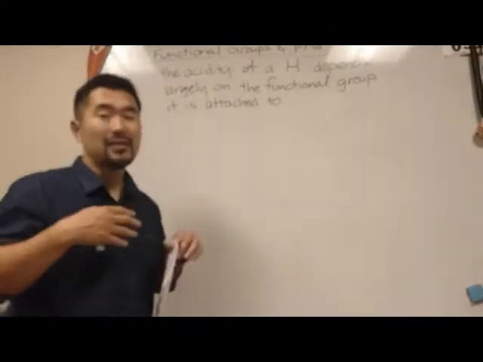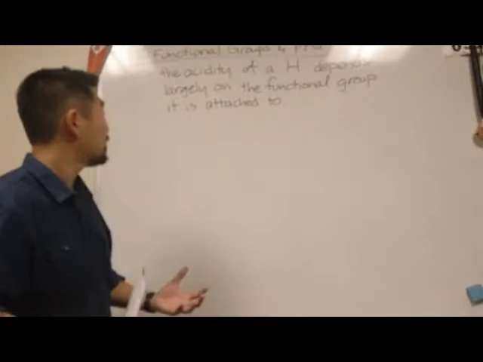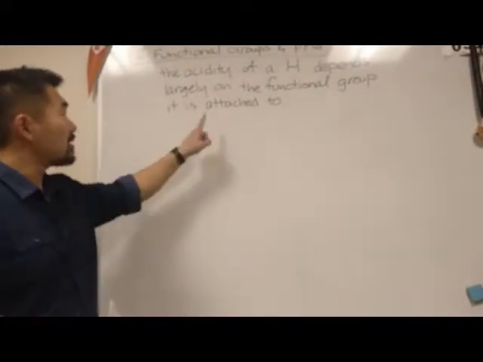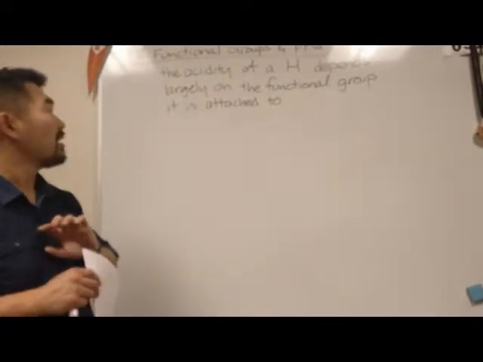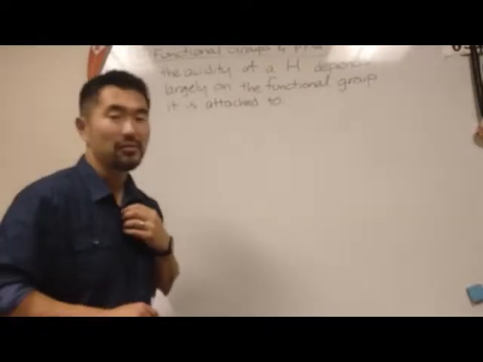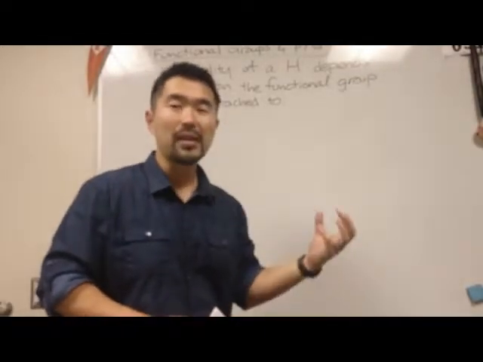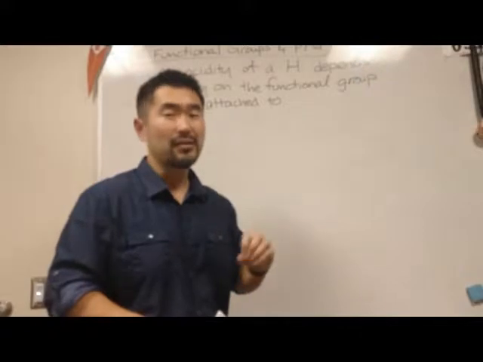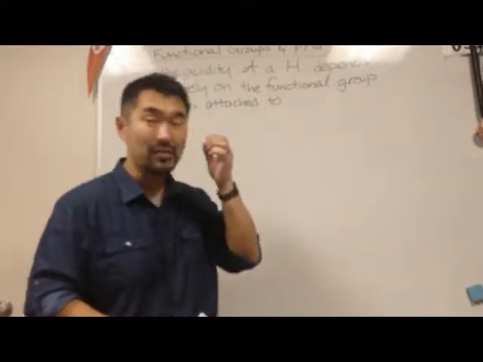So in this section of the chapter, what we want to do is talk about different functional groups and their corresponding pKa's. Okay? Because the acidity of a particular hydrogen largely depends on the functional group that it's attached to, because the pKa of a proton is fairly inherent to the functional group.